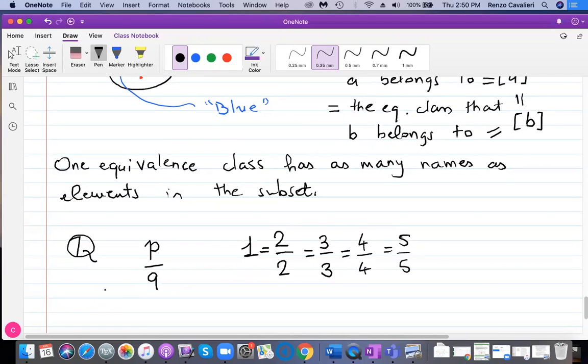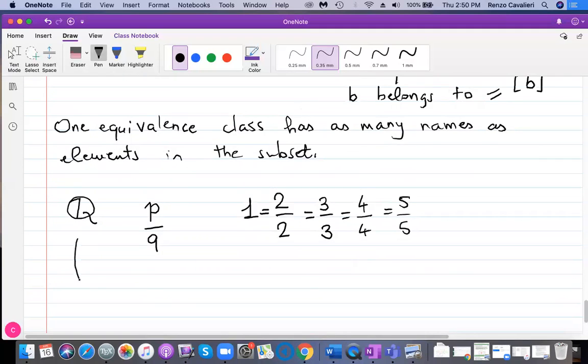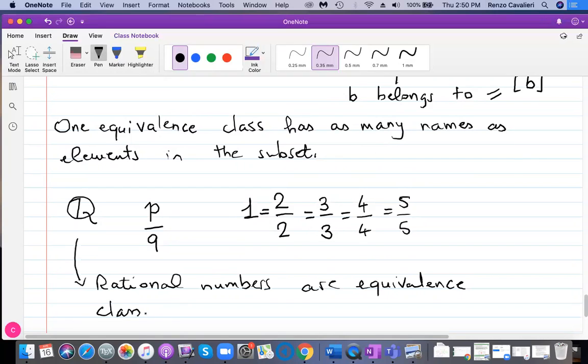So in this language, rational numbers are equivalence classes of fractions.